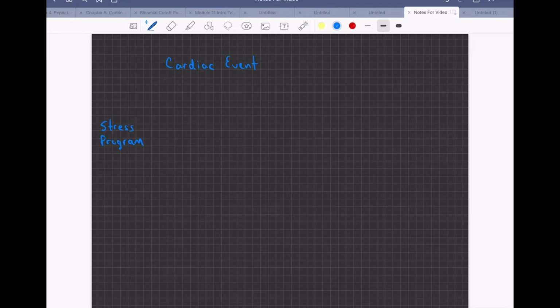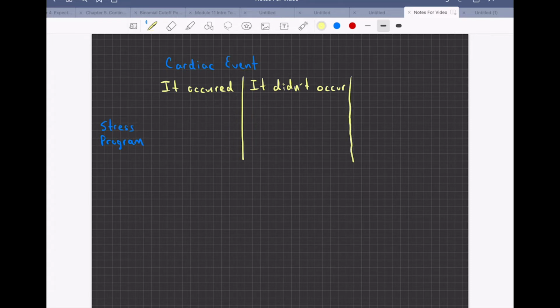This variable has two outcomes: a cardiac event occurred or it didn't occur. So I'm going to identify this as it occurred or it didn't occur.